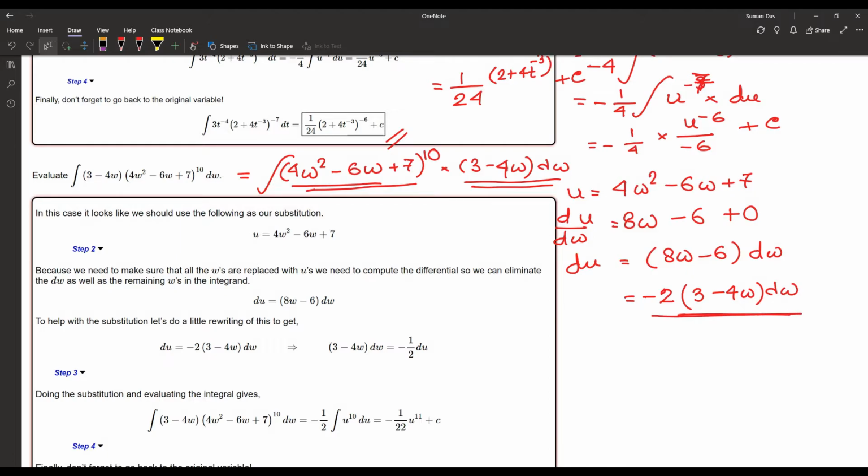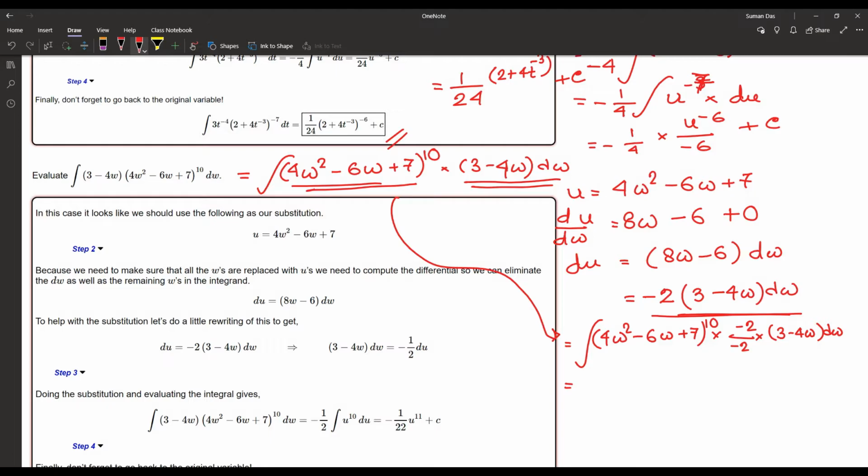So here once again we are writing the problem as the integral of (4w^2 - 6w + 7) whole to the power 10 into, as minus 2 is required here, so we are multiplying by minus 2 and also dividing by minus 2, into (3 - 4w) dw.